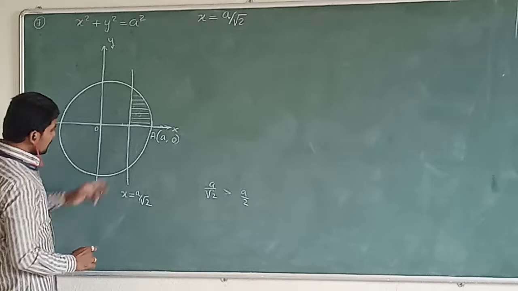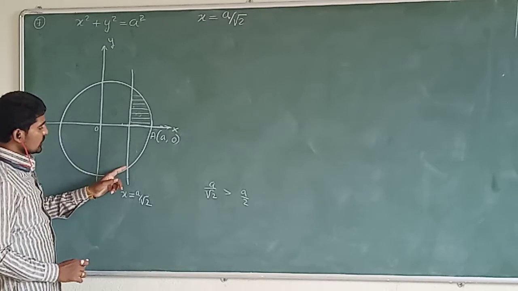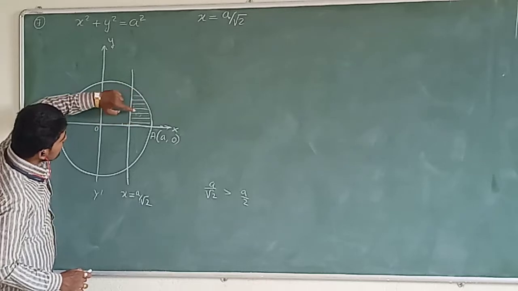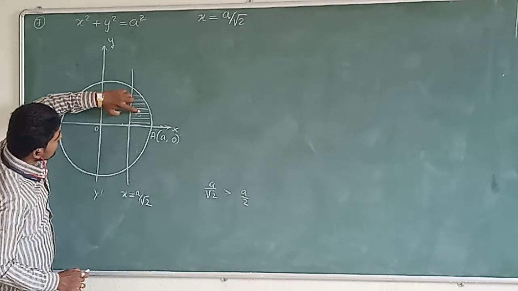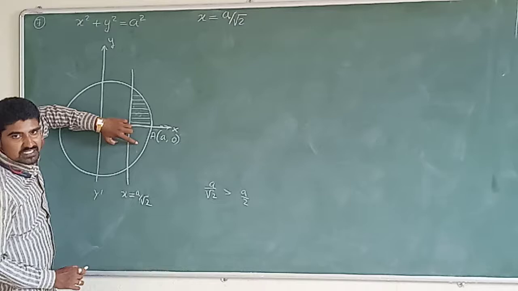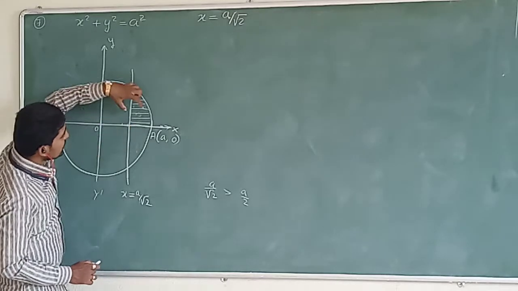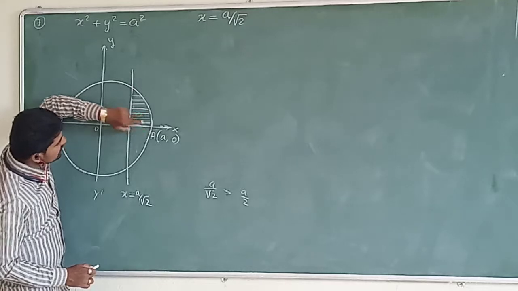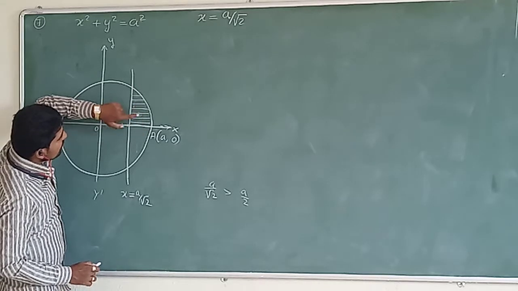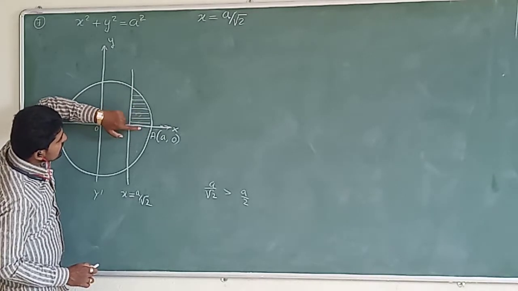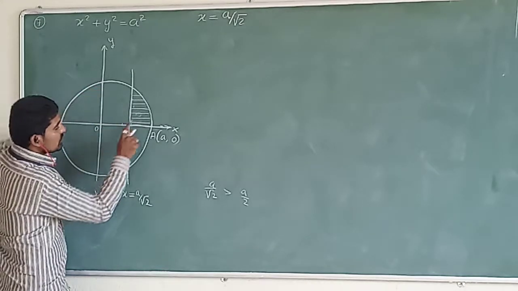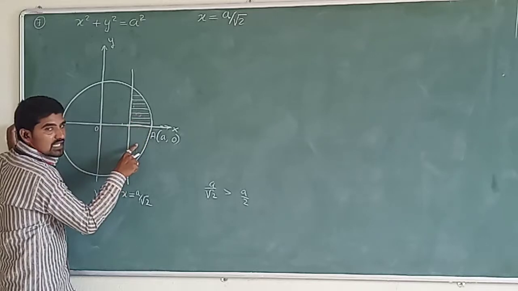The line is parallel to the y-axis, so however much area is present in the first quadrant, that much area is also present in the second quadrant. So these two areas are smaller than this area, and we need to find this area as well as this area.